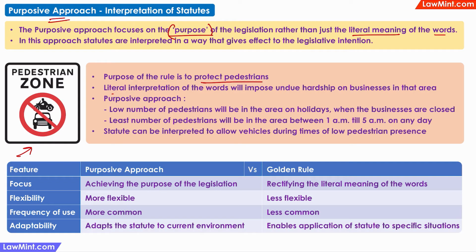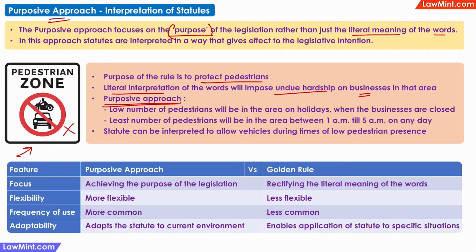But interpreting the rule literally and saying that vehicles are never allowed to enter a pedestrian zone would cause undue hardship to any businesses who may have to transport their goods into their shops, which may be in the pedestrian zone. Using the purposive approach, the court can interpret this rule in such a way that the purpose of the rule, that is to protect pedestrians, is achieved, and at the same time injustice is not caused to any businesses in the pedestrian zone.